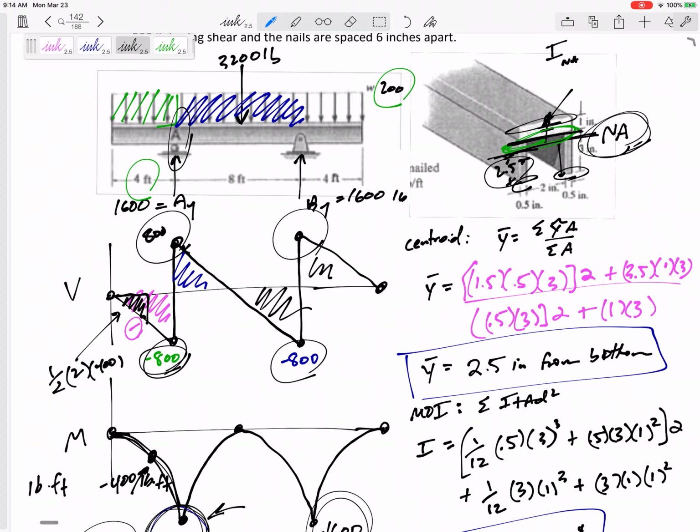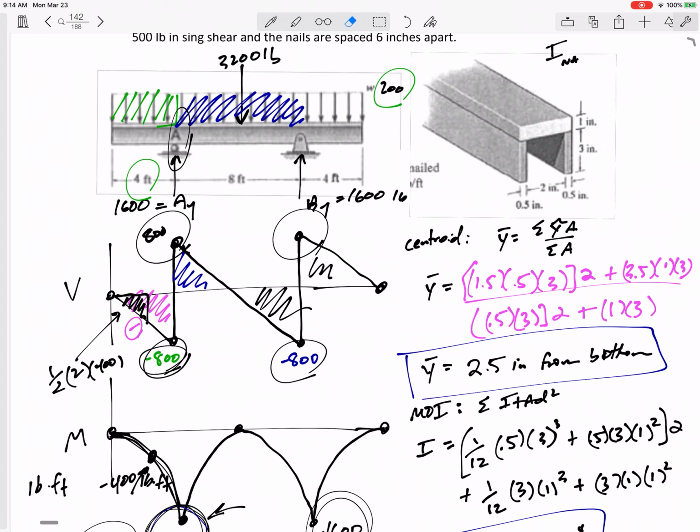All right, where on our cross section do we see the maximum shear stress? We see it at the neutral axis. We see the maximum shear stress at the neutral axis, right here.